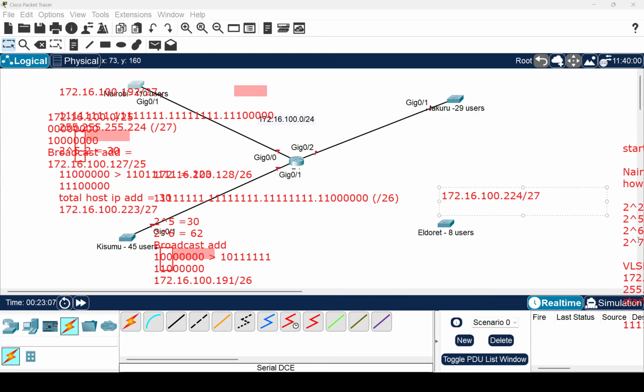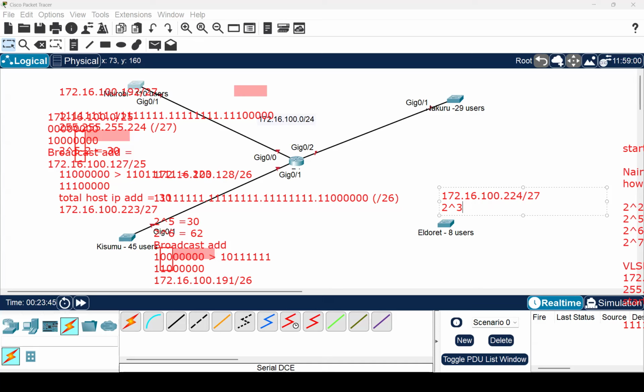Then you ask, how many host bits do we need to make sure we have a minimum of 8 users? What is 2 raised to power 3? 2 times 2 is 4, 4 times 2 is 8.